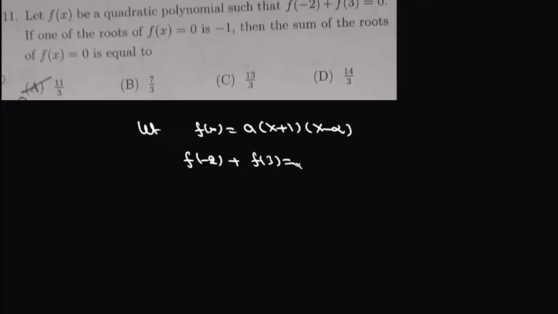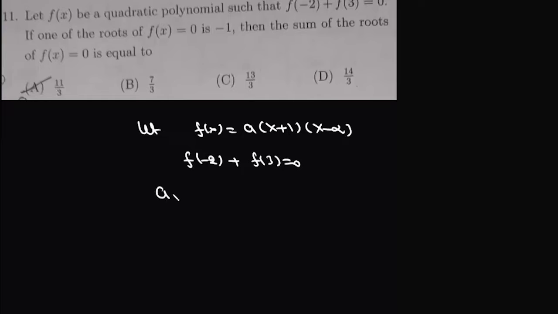Now in question number 11, we are given f(x), which is a quadratic polynomial, and one of the roots is minus 1. So what we'll do is we'll let f(x) as a(x plus 1)(x minus alpha), and the other root is suppose alpha. We need to find alpha. Now we are given that f(minus 2) plus f(3) is 0.